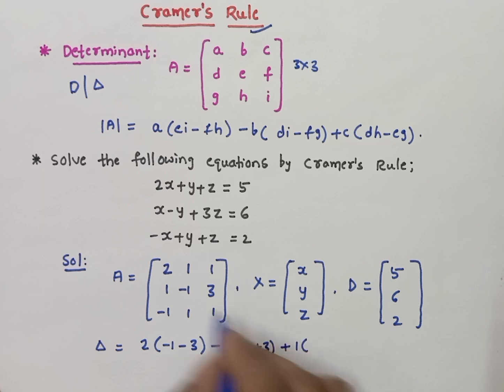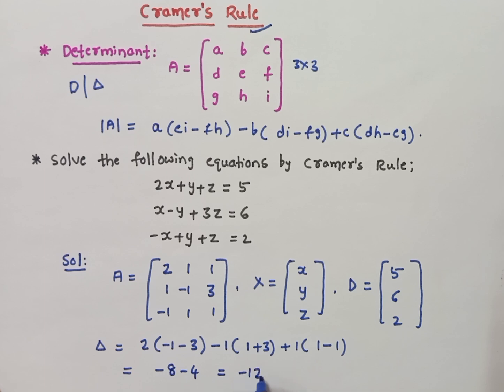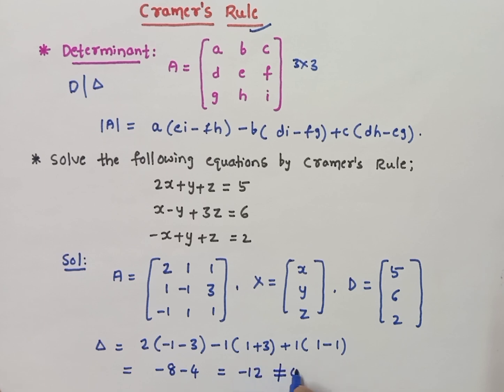Similarly, 1 into 1 minus, anyway it becomes plus 1. So 1 minus 1 becomes 0. This is minus 4 into 2, minus 8. Four into minus 1 gives minus 4, and anyway this is 0. So delta is minus 12, which is not equal to 0.